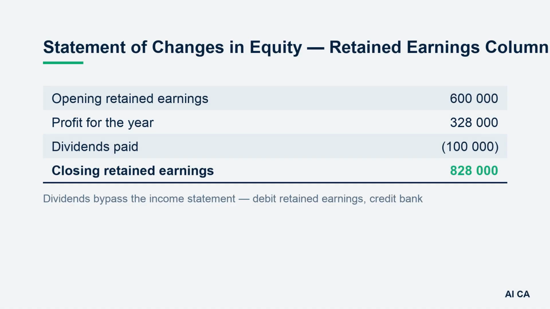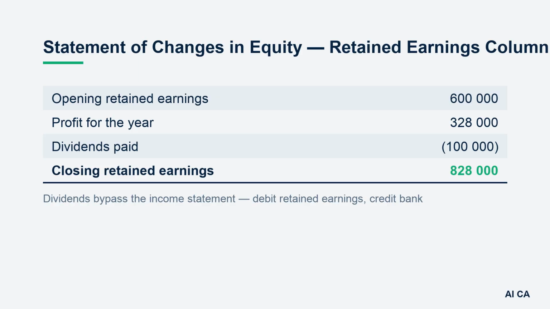Now the equity bridge. Opening retained earnings were 600,000. Profit for the year adds 328,000. Dividends declared and paid during the year were 100,000. And remember, these are never on the income statement. They hit equity directly.